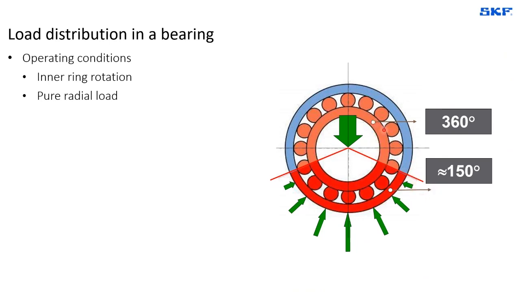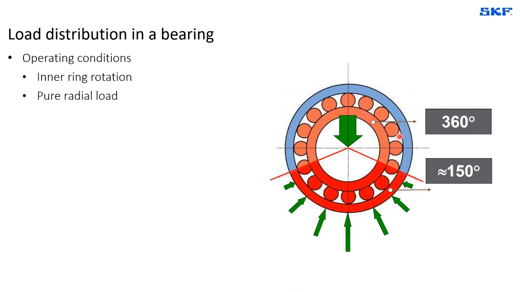Because the inner ring is rotating, it will have a load pattern all around the inner ring raceway, covering, of course, 360 degrees, while the rolling elements, the balls or the rollers, are not working all at the same time. And in this case, also to be clear, we are discussing a typical case of a horizontally mounted machine with a single row ball bearing.